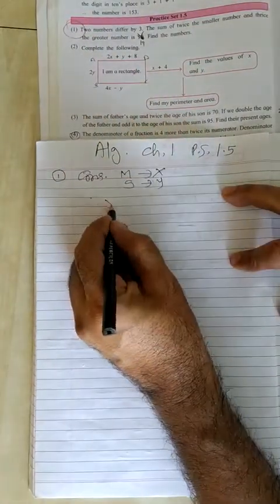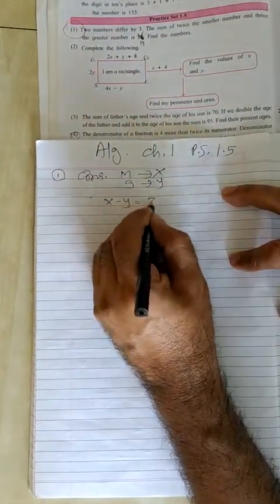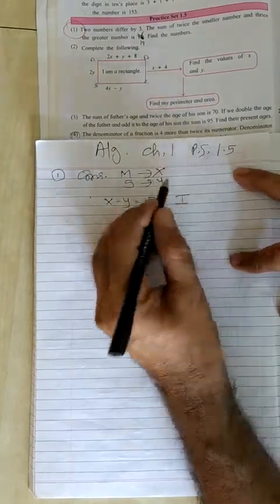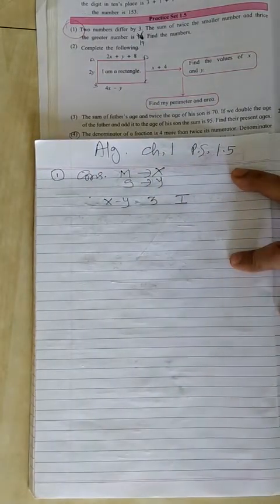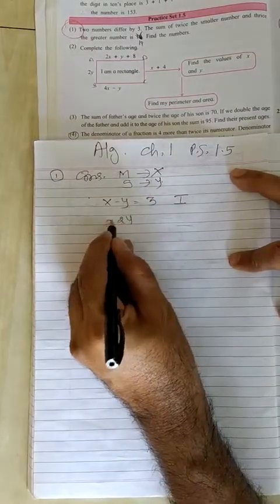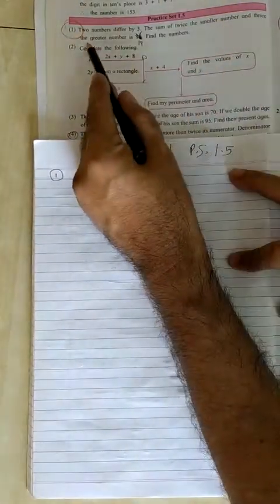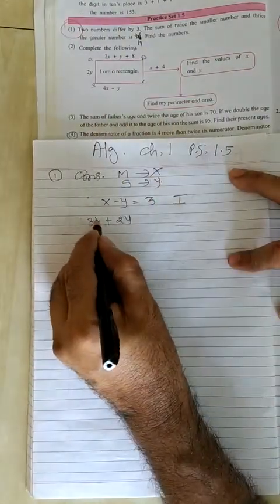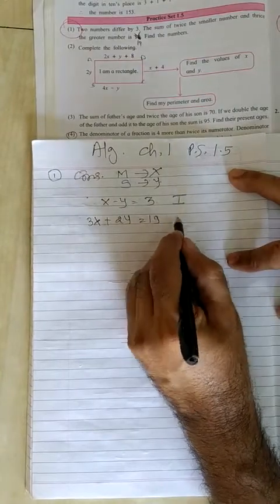The difference is 3, so x minus y is equal to 3. Condition first: twice the smaller number and thrice the greater number, that number is given as 19.